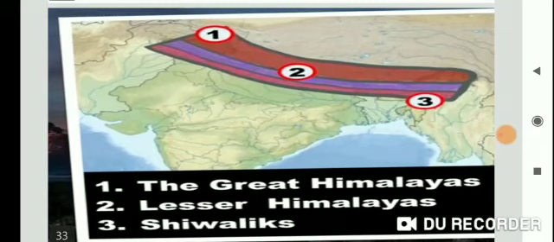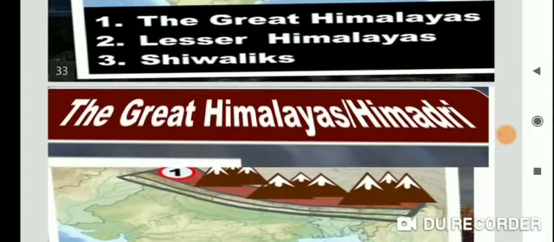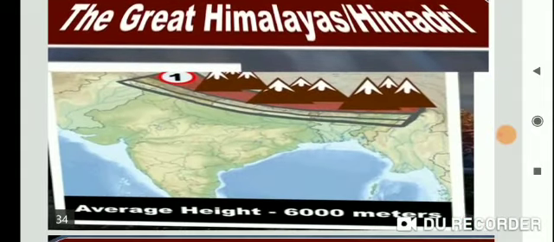Now see the next picture. This map shows the first, second, and third divisions: the great Himalayas, the lesser Himalayas, and the Shivalik. One by one we discuss them. The great Himalayas, or Himadri, have an average height of 6000 meters.